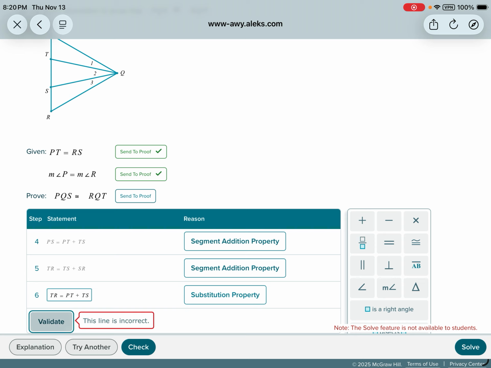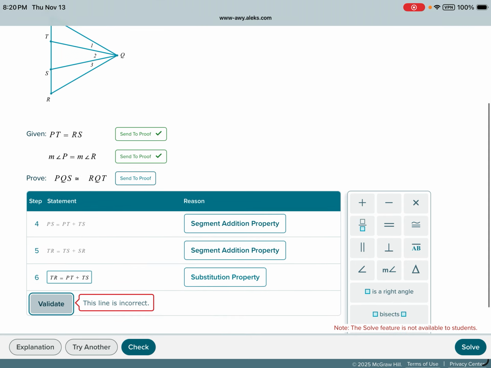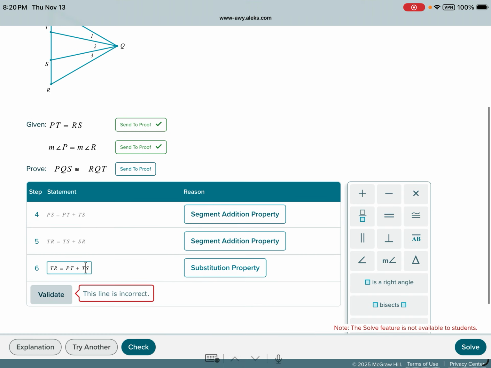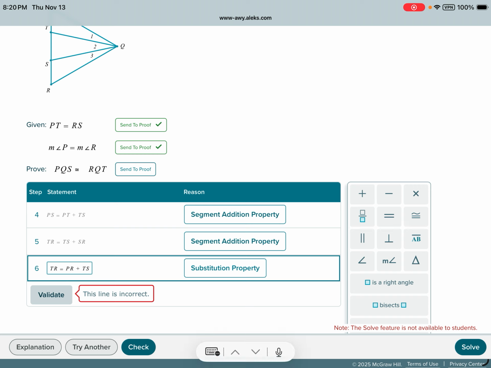Oh, what did I screw up? PT is equal to RS. TR. Uh-oh. They don't like that. Goodness. PT plus TS. Well, did I leave a space in there somewhere?